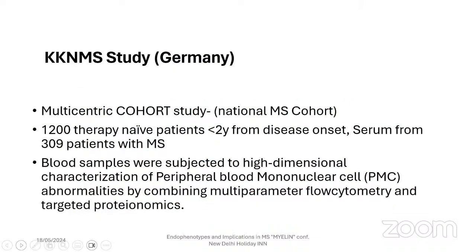This happened in Germany, a multicentric cohort study, the national MS cohort, with 1,200 therapy-naive patients less than 2 years from disease onset, and serum from 309 patients with MS. The blood samples were subjected to high-dimensional characterization of peripheral blood mononuclear cell abnormalities by combining multi-parameter flow cytometry and targeted proteomics.